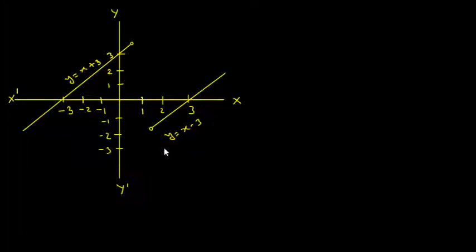If we draw the line y = x - 3, we'll get something like this. And if you draw the line y = x + 3, then you will get this line. Now let us see the rest of the solution.